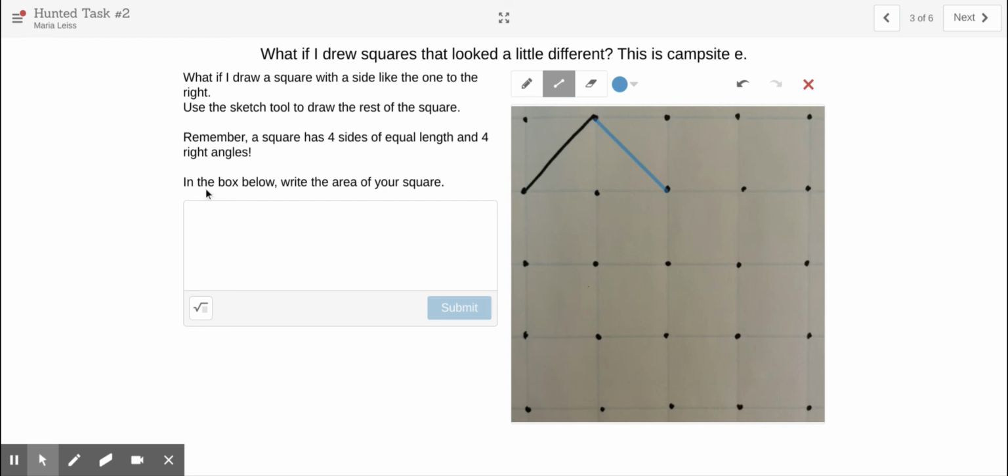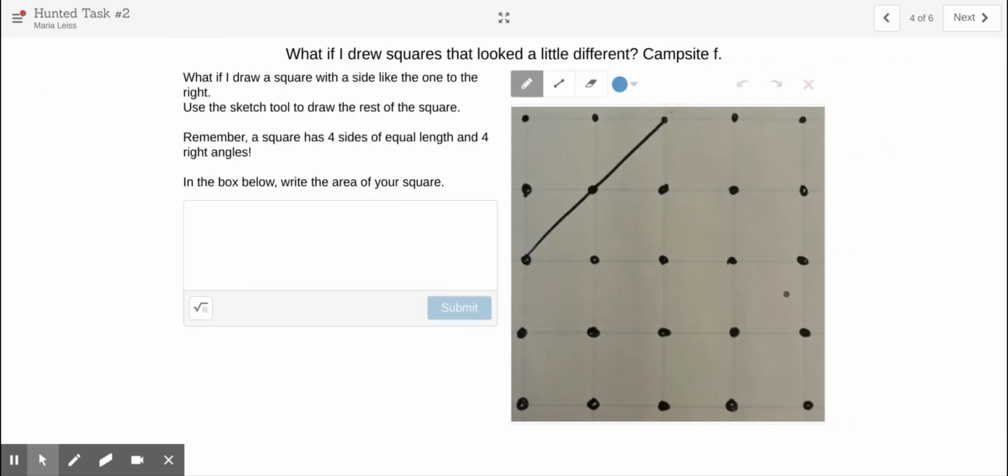Once you finish the square, it says in the box below, write the area. I'm going to tell you right now, this square does not have the same area as one of the squares before, so your area here is not going to be the same as any other squares. You're going to do the same thing on the rest of these. All 8 of these squares will be different sizes, and they will all have different areas.